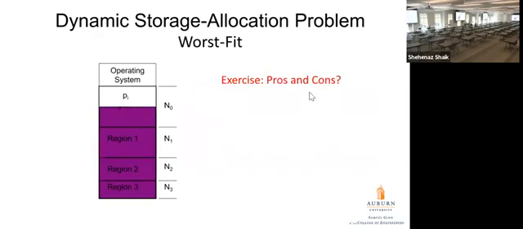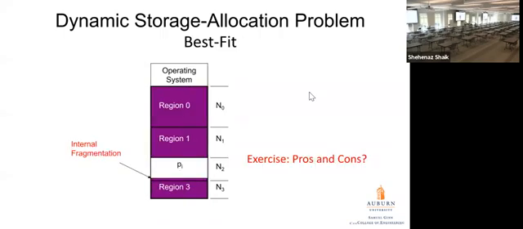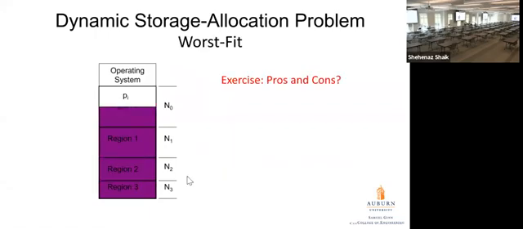Okay, and similar to the best fit, we have another approach which is referred to as the worst fit. So here the concept is, instead of allocating the arriving process to the hole that best fits the arriving process by leaving the smallest amount of memory out of it, what the worst fit approach recommends is select the hole that is a worst fit for the arriving process.